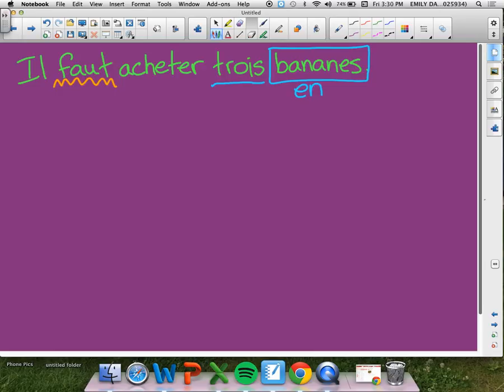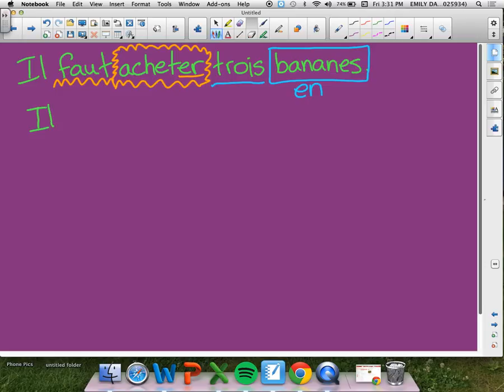But then I look at this next word, acheter, and I notice that that's a verb that ends in an er. So that's going to be my infinitive. So I'm going to put this squiggly box around that because that means my pronoun's going to go in front of that verb.